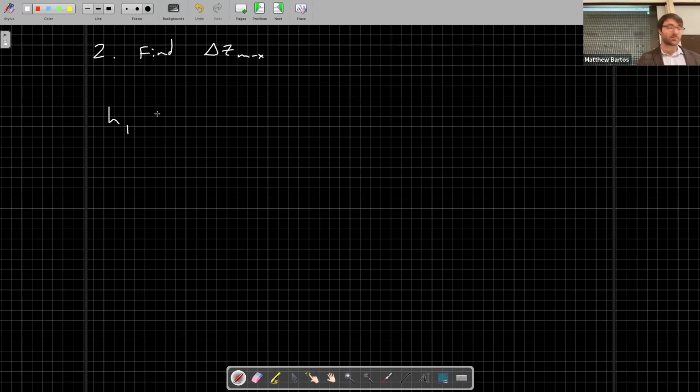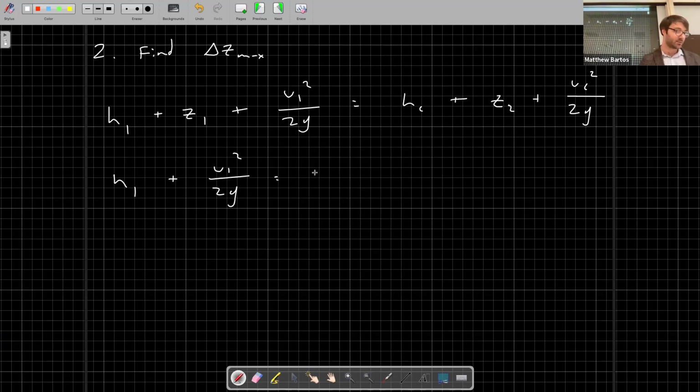So we'll have H1 plus Z1 plus U1 squared over 2G is equal to HC plus Z2 plus UC squared over 2G. We can take Z2 minus Z1 is equal to delta Z max. So we get H1 plus U1 squared over 2G is equal to delta Z max plus HC plus UC squared over 2G.